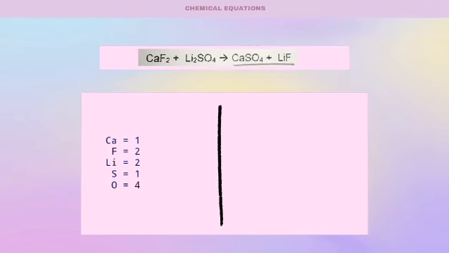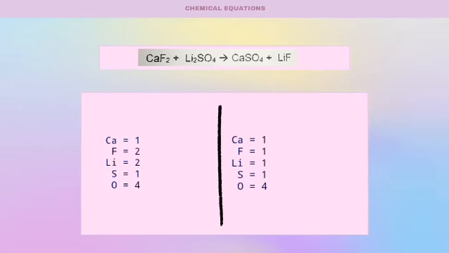There are 1 calcium atom, also 1 sulfur atom, and 4 oxygen atoms being added to 1 lithium and 1 fluorine atom, so Ca equals 1, F equals 1, Li equals 1, S equals 1, O equals 4 under the right side. To balance the equation, I will need to add coefficient 2 before LiF so that there are 2 lithium atoms and also 2 fluorine atoms under the right side of the equation. Since the number of atoms in each element is the same on both sides of the equation, it is now balanced.